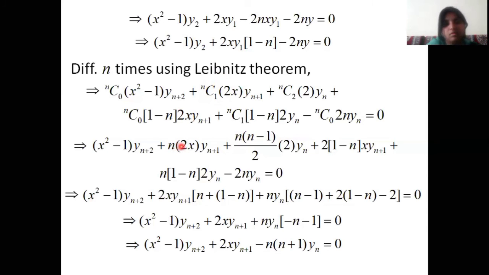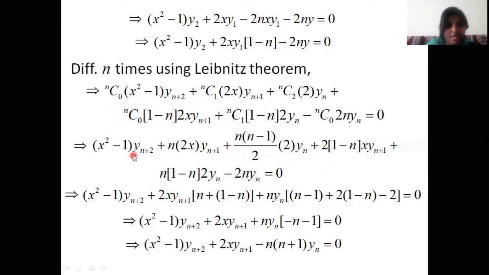So I have written that n here, 2x yn plus 1, plus the same thing: n into n minus 1 divided by 2, using that combination definition. You will get n into n minus 1 divided by 2 into 2 yn plus, here also I substitute the value of nc naught as 1 and nc1 as n, and again here nc naught as 1. This is what you'll get after using the values of the combinations nc naught, nc1, nc2.